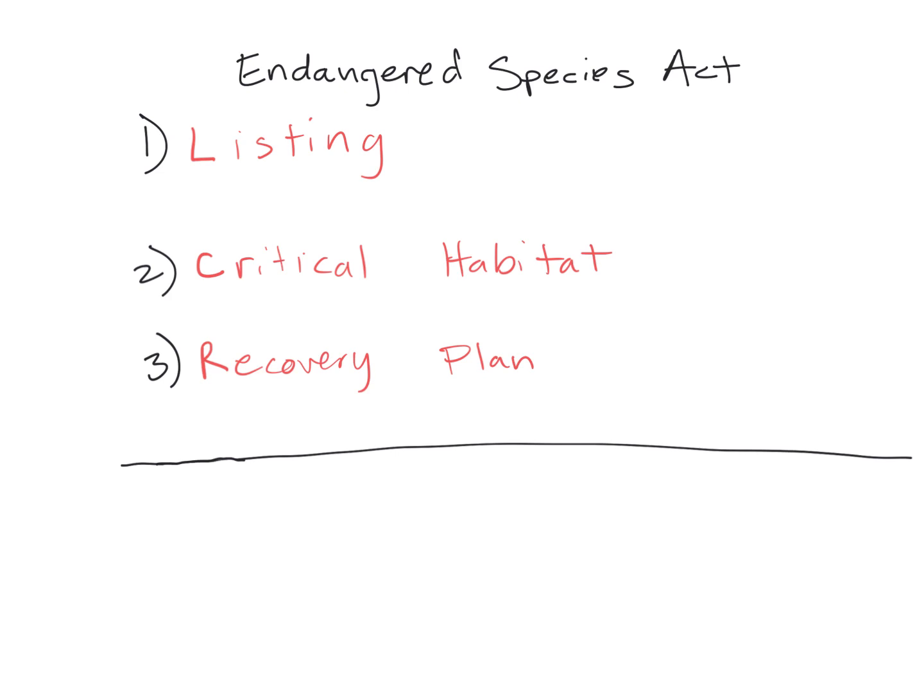And if we can find all the places where this species currently exists, then we can preserve those spaces and prevent them from being further encroached, and maybe increase that critical habitat, preserve, conserve, restore habitat so that they can have more places to live. And that's generally part of the recovery plan.